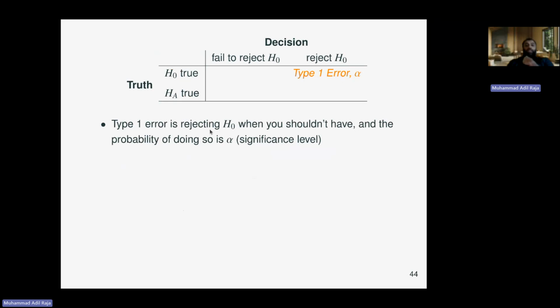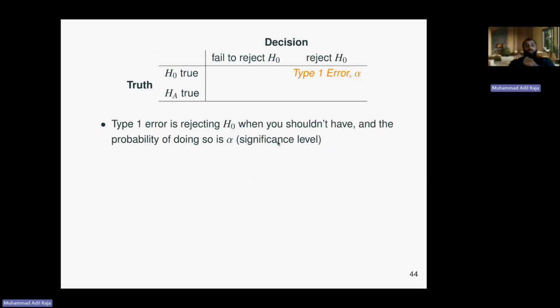Type 1 error is rejecting H0 when you shouldn't have, which means that in fact H0 is true, and the probability of doing so is alpha, which is the significance level. So if your p-value, and I'm going to come to that, comes out to be greater than the significance level, let's say you set it to 5% or 0.05, then you have to actually reject the null hypothesis.